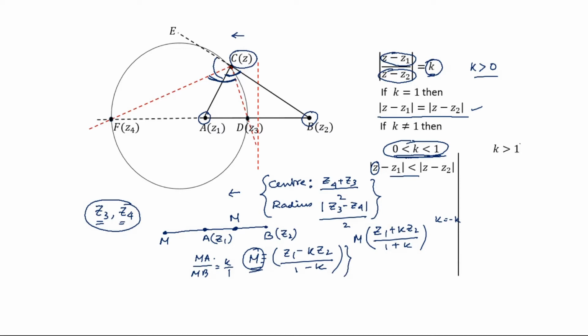Now, one more thing I must discuss here. We all know that the internal bisector of an angle of a triangle always divides the opposite side internally in the ratio of the sides containing the angle.